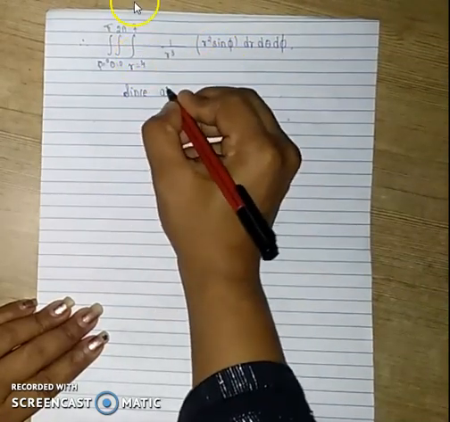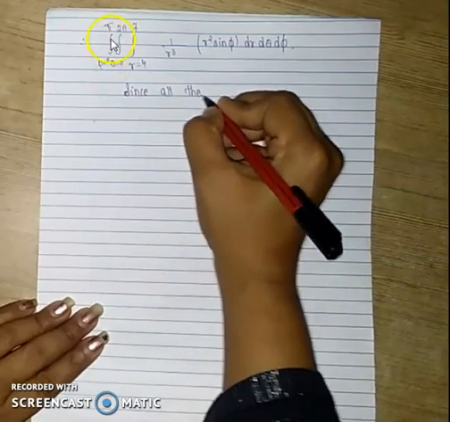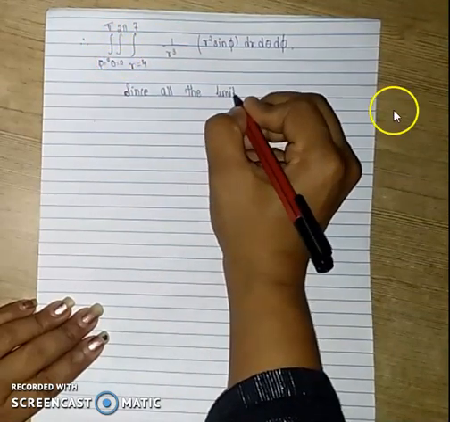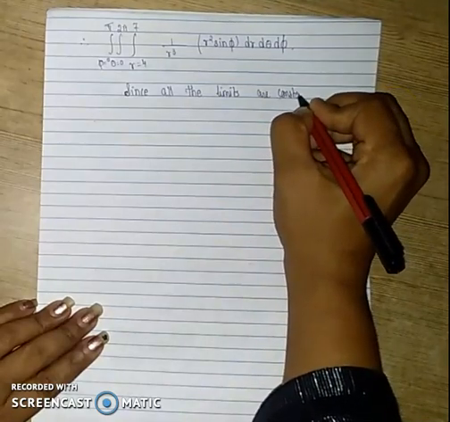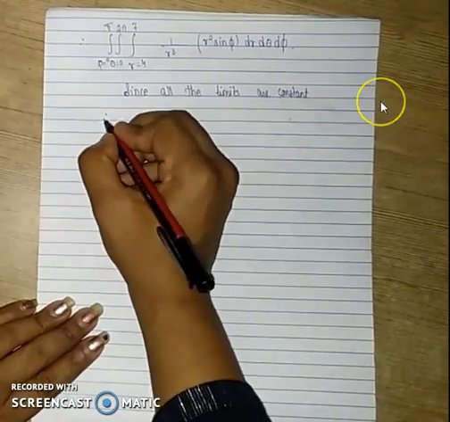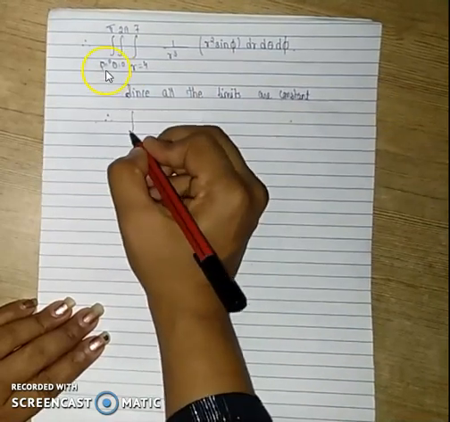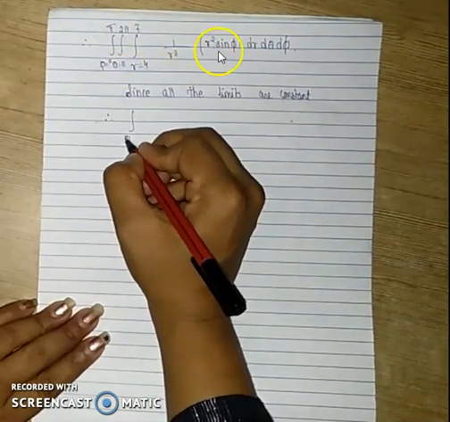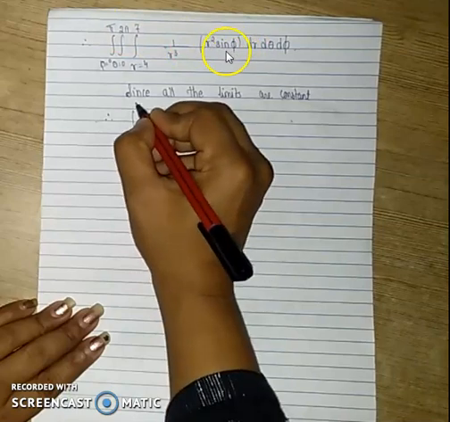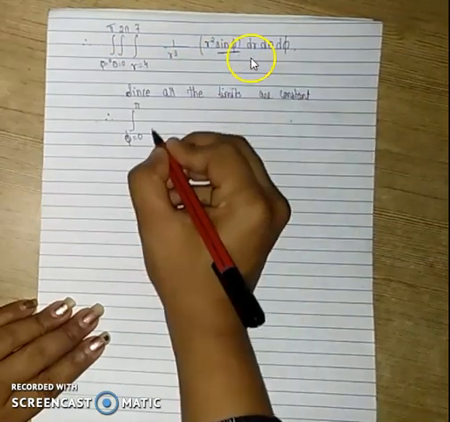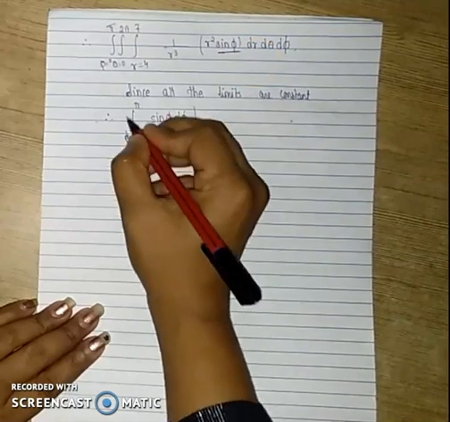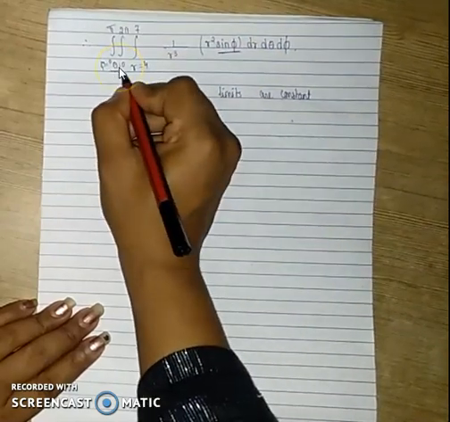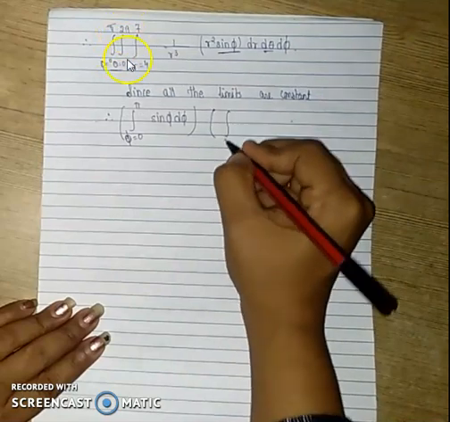Since all the limits of my integrals are constant, it can be written as a product of single integrals. So it becomes phi from 0 to pi, and there's one term of phi which is sin phi in my integrand, so I'll include it here. The middle integral is 0 to 2 pi, that is for theta.